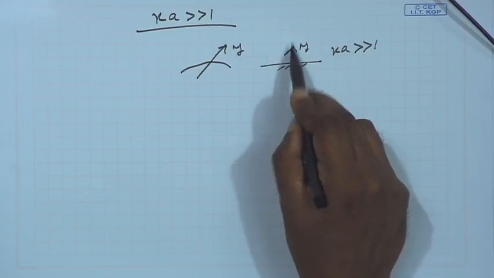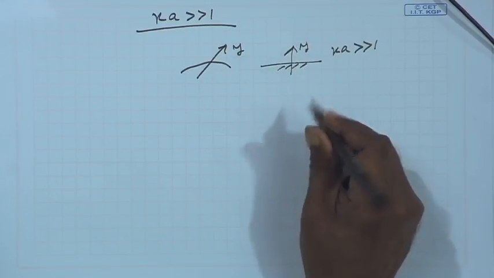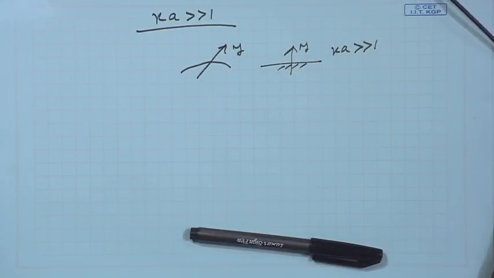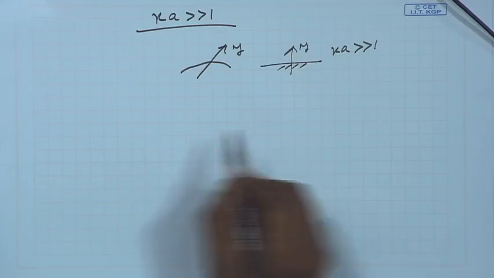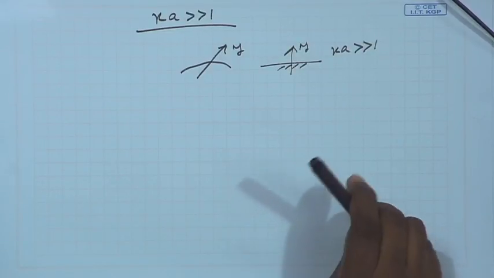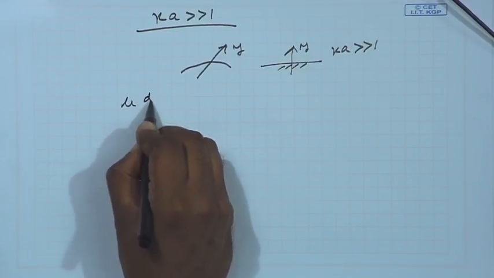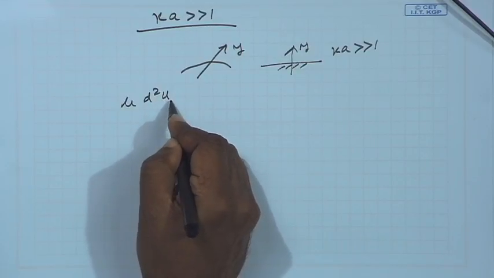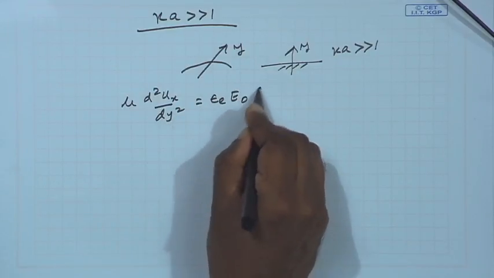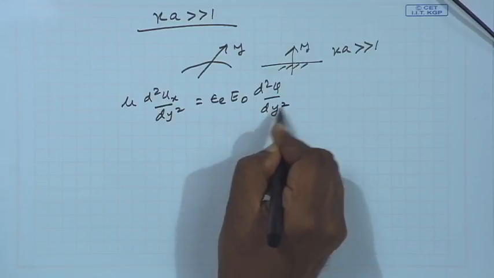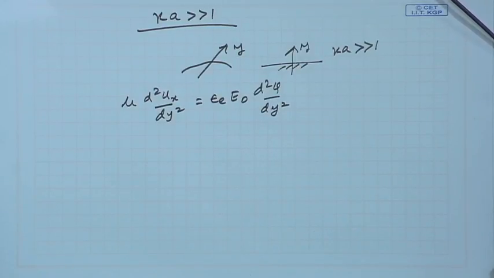So, locally we can say that only the normal gradient is important. So, the Poisson equation can be reduced to this form, epsilon e d2 phi dy2 equal to minus rho e. So, if we now write from here, mu d2 ux dy2, that means we are writing d2 ux, x direction, dy2 equal to epsilon e E0 d2 phi dy2, from this momentum equation.